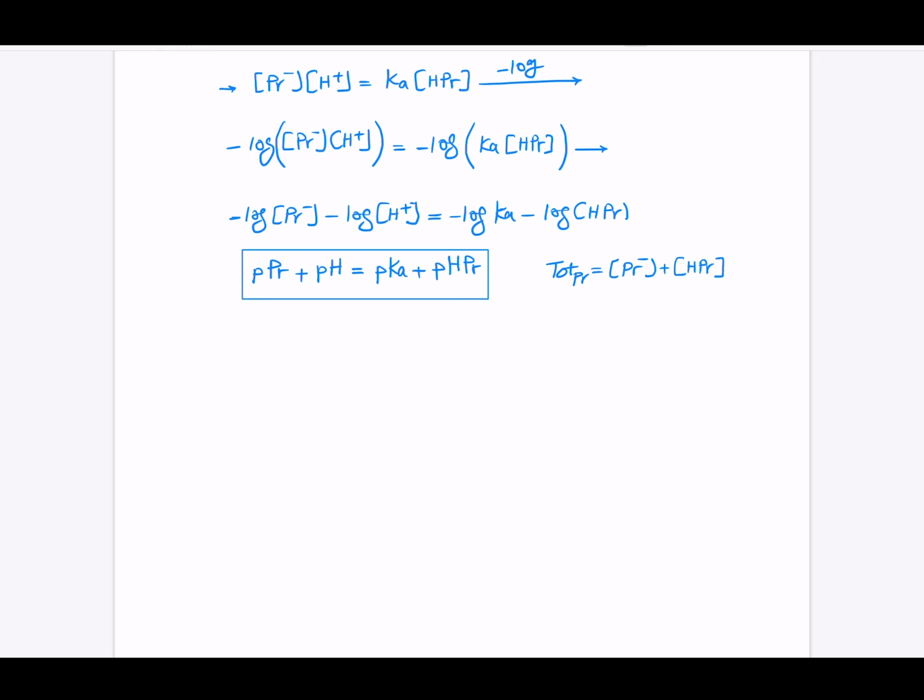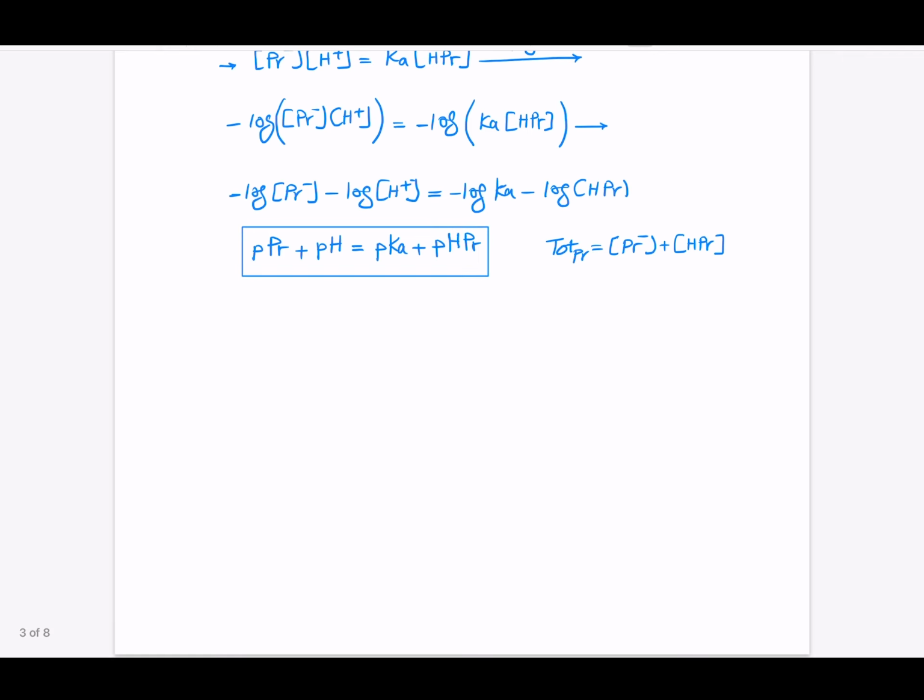Just keep that in mind. So now let's see how we can simplify this logically in order to get to individual lines for either PR, HPR, and also for OH and H plus, which is the same in every system.